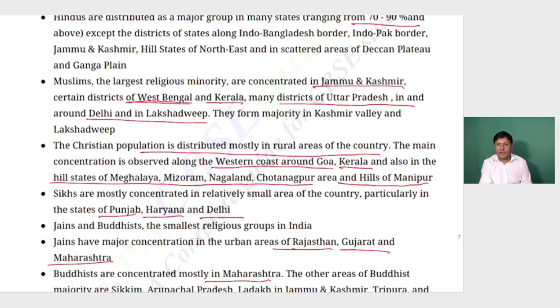So we can say that religion is one of the most important factors of the composition, which decides its characteristics, just like the educational status, economic status, social status, and the political status.